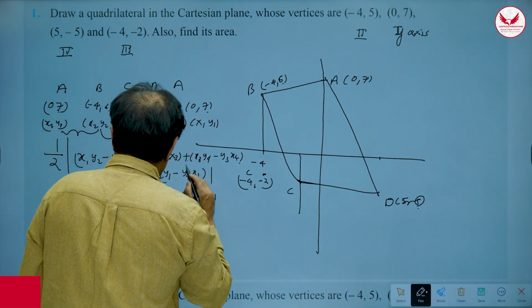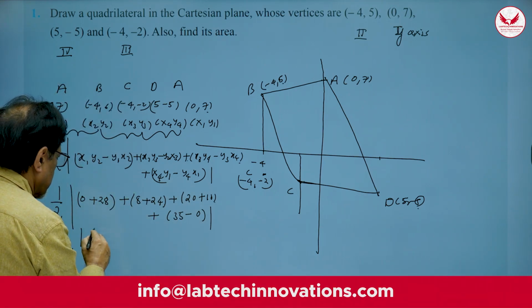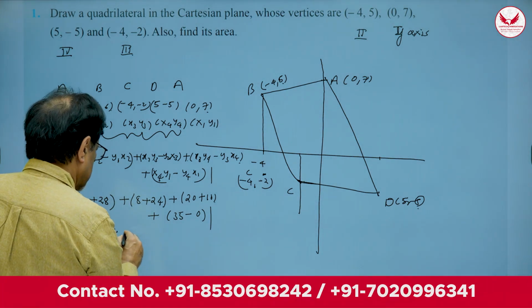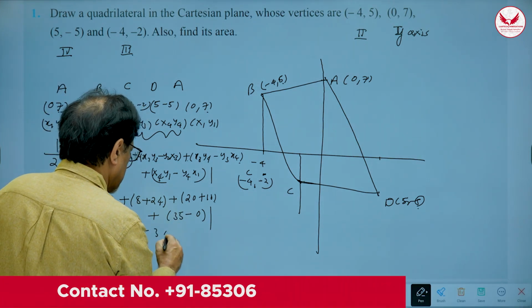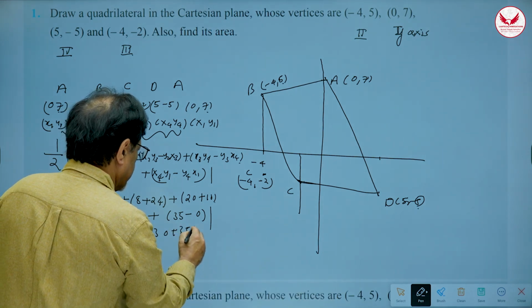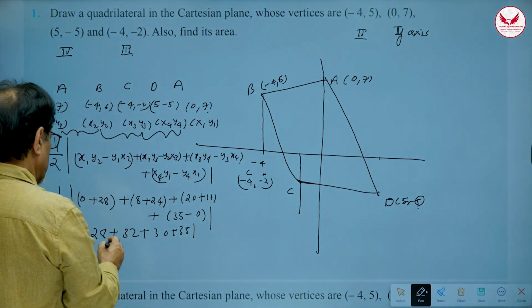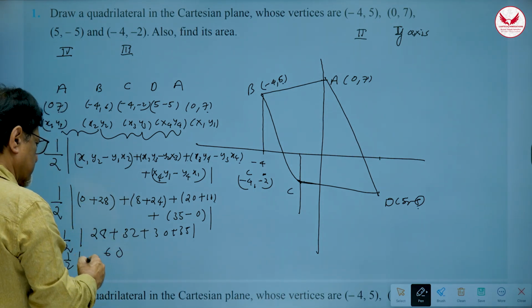Correct. Now, if you add all this half, so that will be 28. This will be 32. This will be 30. And this will be 35. Correct? Which means this is equal to half. So, this total will be what? 0 and 6. Correct?